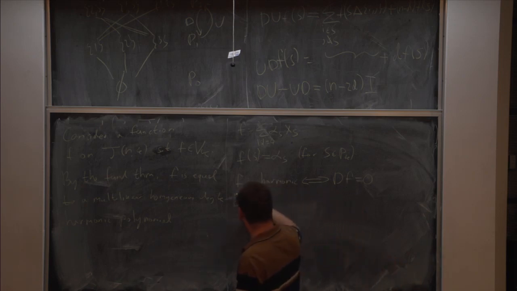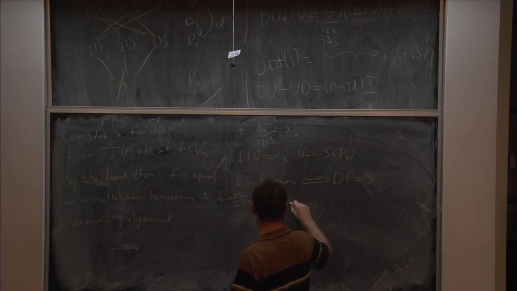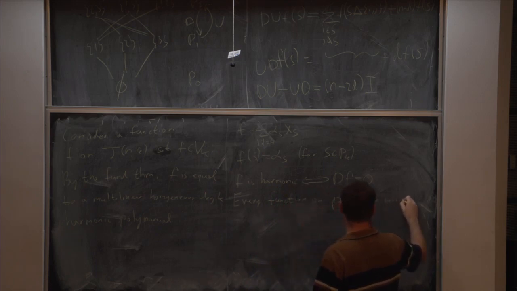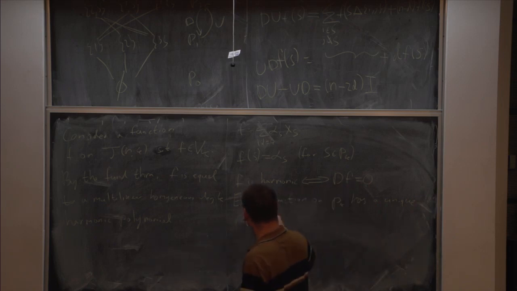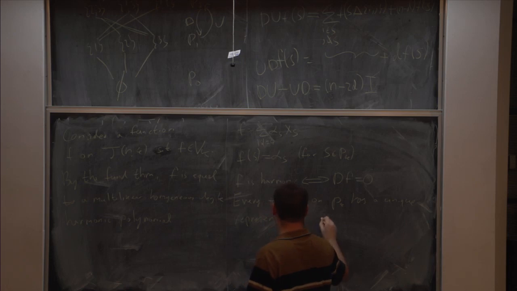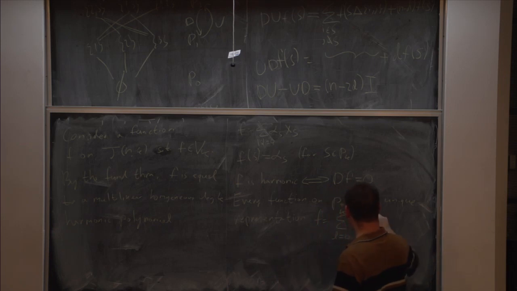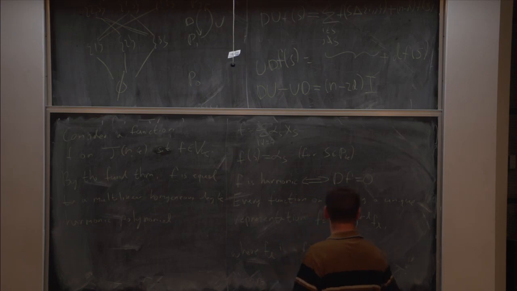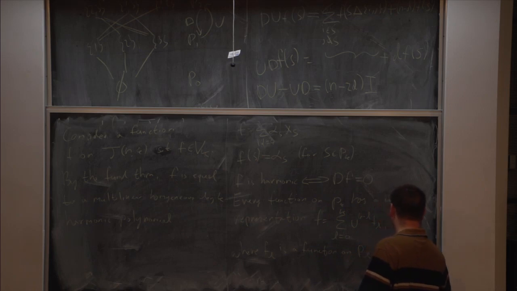So every function on P_k has a unique representation f equals the sum over l from 0 to k of u to the k minus l applied to f_l, where f_l is a function on P_l such that d f_l is 0.